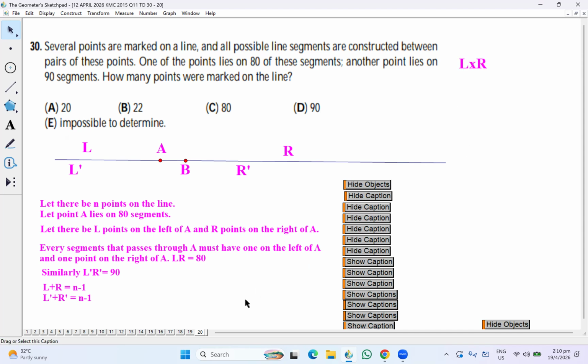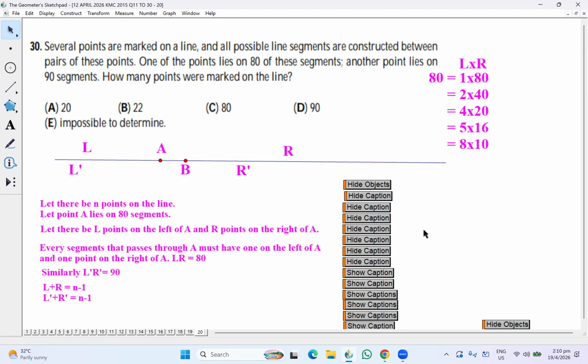We look at L times R equal to 80. So it could be 1 point on the left and 80 points on the right, or 2 and 40, or 4 and 20, 5 and 16, or 8 and 10. Okay.